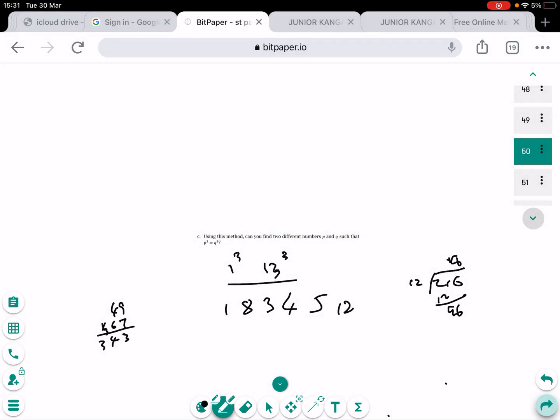So 343, that can fit 12s in, 12 times 28 is 336, and 12 times 8 is 96, so therefore there's a 7.